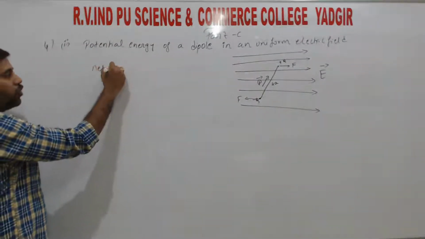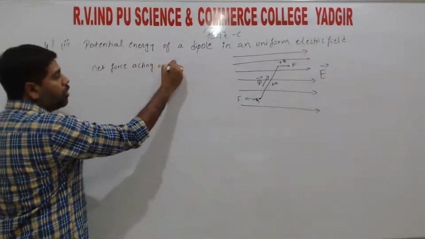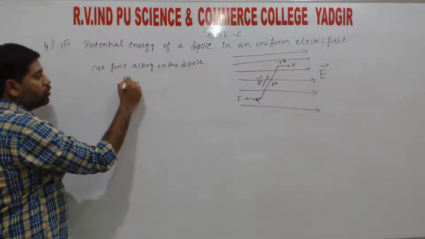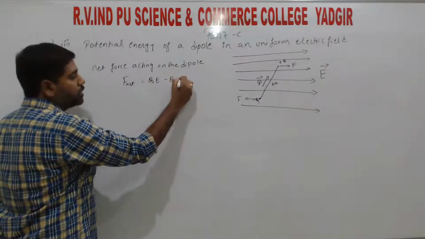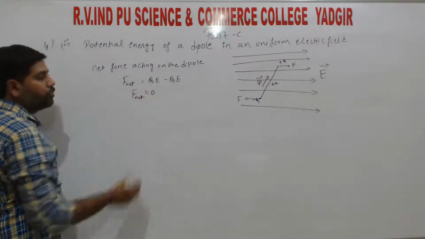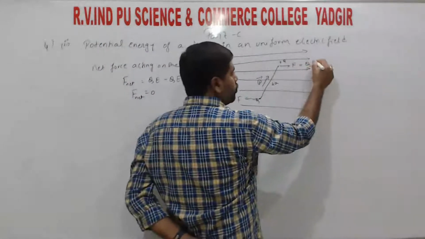So net force acting on the dipole, right? So F net, that is equals to QE minus QE, that is equals to 0, right? So here F, that is equal to Q into E.